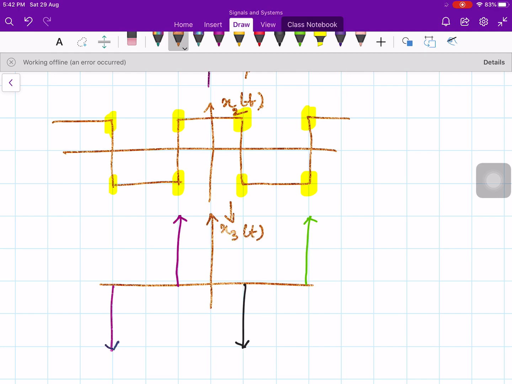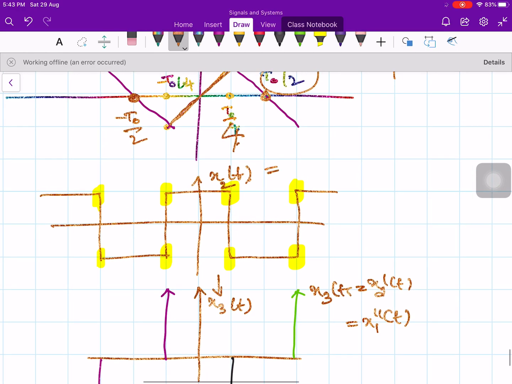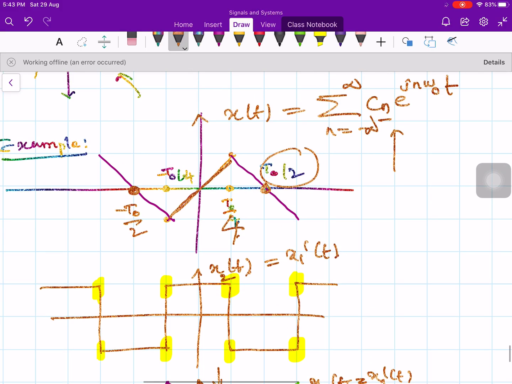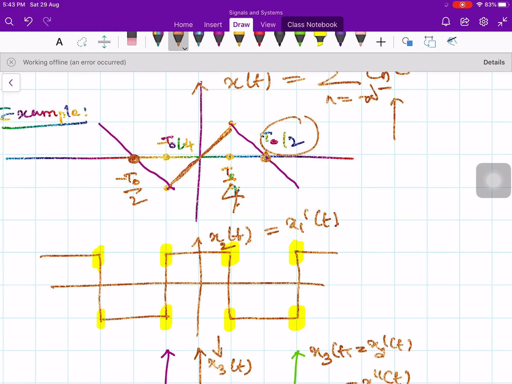What is x3 of t? x3 of t is equal to x2 dash of t. What is x2 of t? x1 dash of t. Therefore x1 double dash of t, second derivative. This is the first derivative of x1 of t. So these are the relations between x1 of t and x of t.